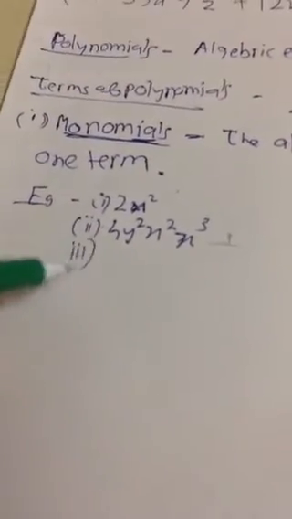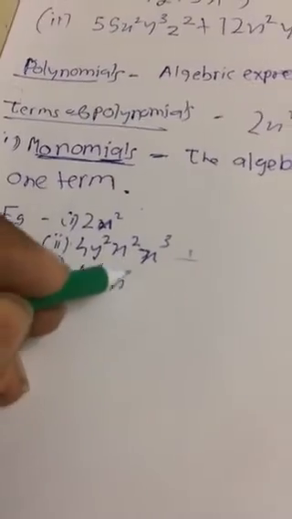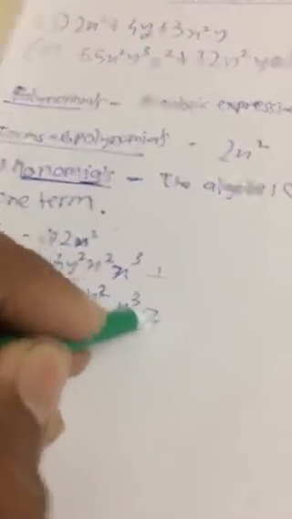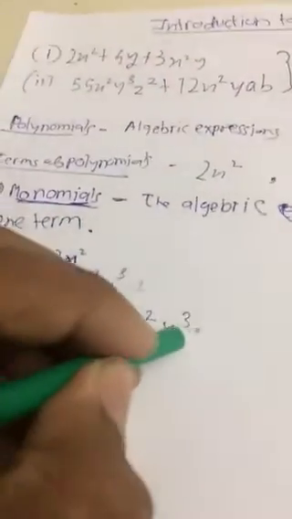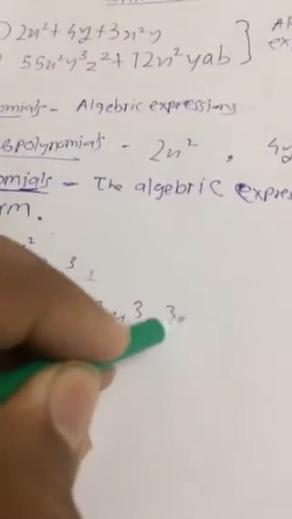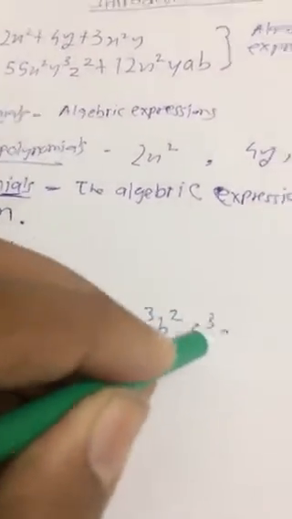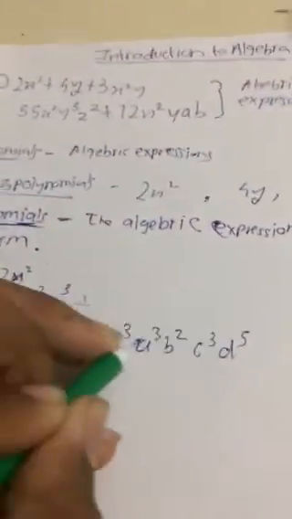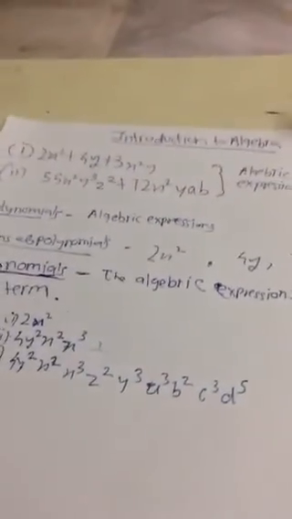Even if I write 4x square x cube z square y cube a cube b square c cube d raised to the power 5, this is also a monomial. Mind you, the number of variables does not affect its terms.